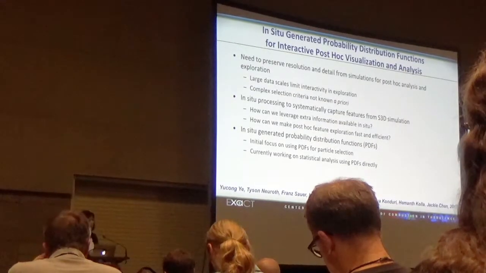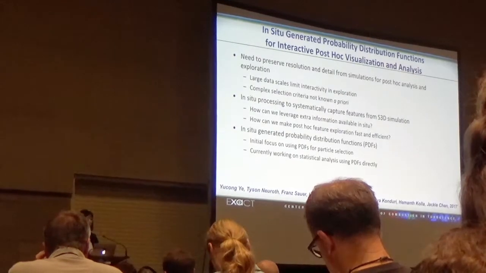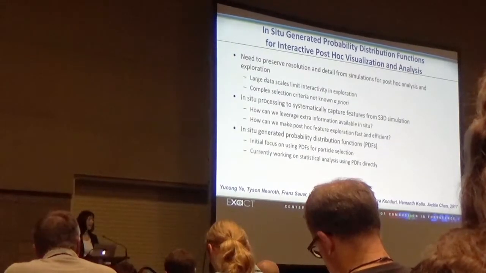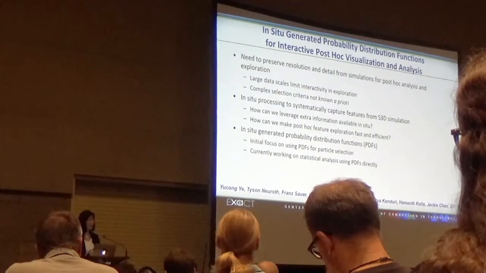So with this ignition problem and also with the earlier extinction problem that I talked about, one desire is to have a way to interrogate and query Lagrangian statistics in a post hoc manner.